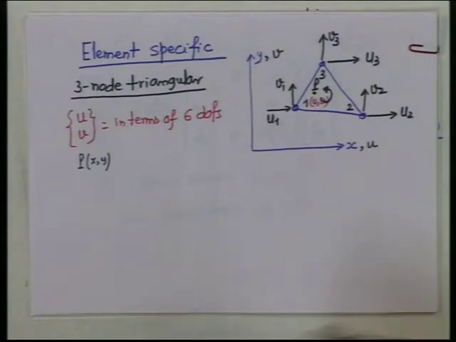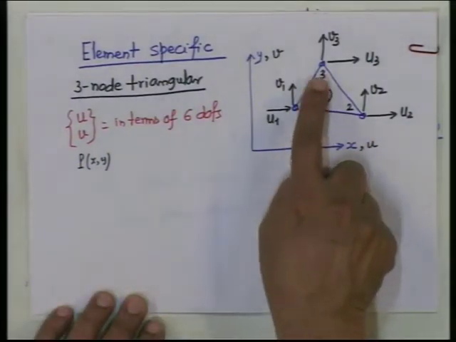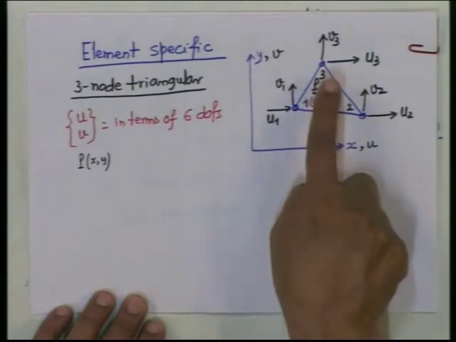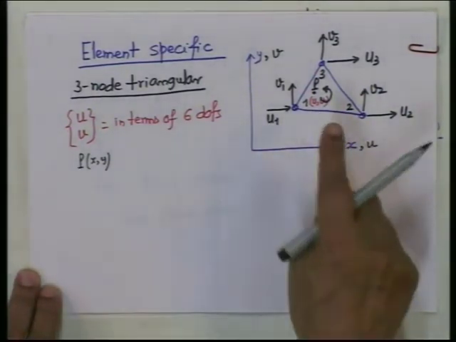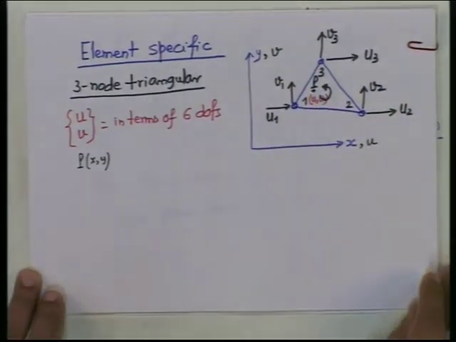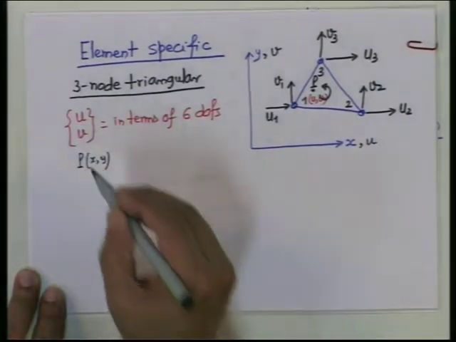So the first problem is how to express the general displacement within the element 1, 2, 3 in terms of nodal displacements. The point P, any general point inside, has coordinates x y, and the displacement of point P is u and v.